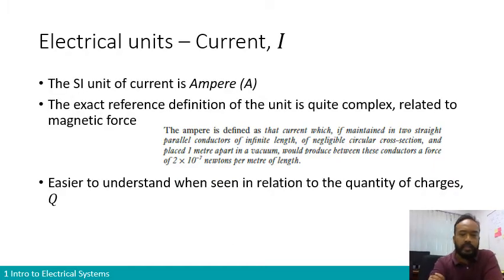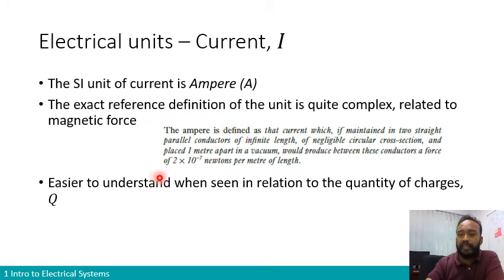Now let's talk about the units. So we have different units. We talked just now about current and potential difference or EMF. So current is measured in ampere. 1 ampere has a very specific definition, and the definition is quite complex.